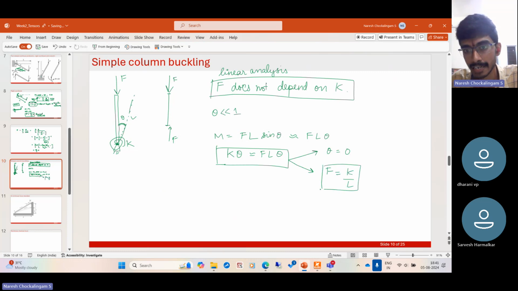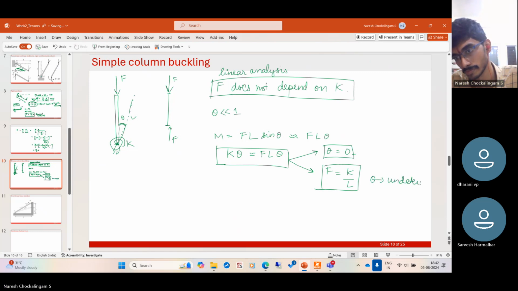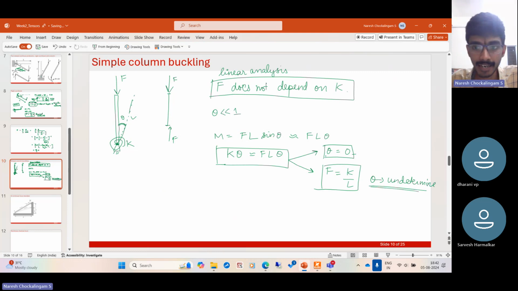So what does this predict? This predicts that either this column remains straight with theta equal to 0, or the force reaches a value K by L with theta undetermined. So theta is statically indeterminate when force reaches a value K by L. If you plot the response, up to a certain value of F, you can call this F critical, right?